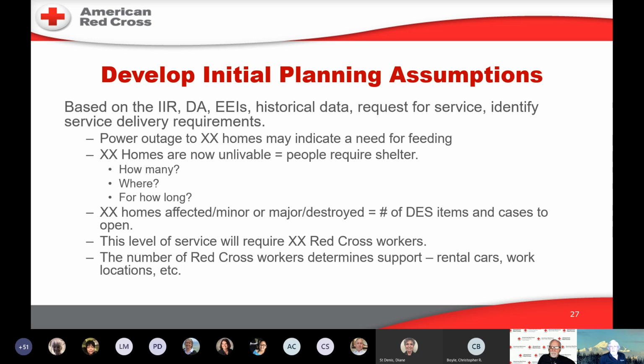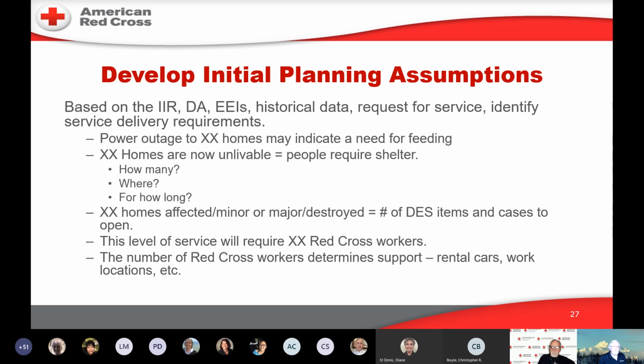Develop initial planning assumptions based on the IIR, the DA's historical data. We are looking at, again, working a lot with partners. What is the area affected? How many homes are there?